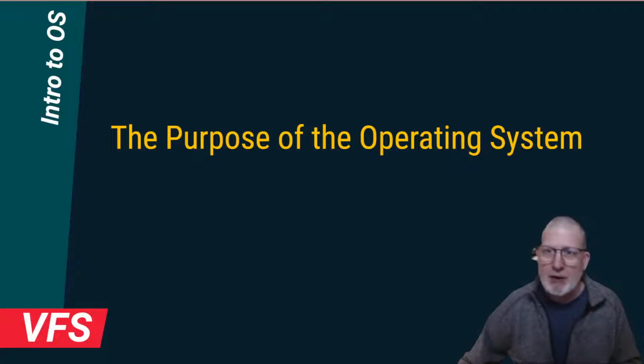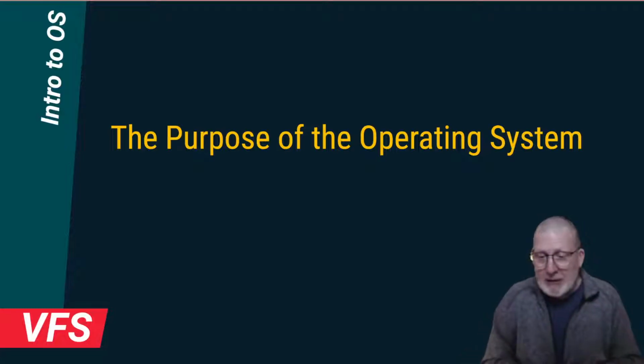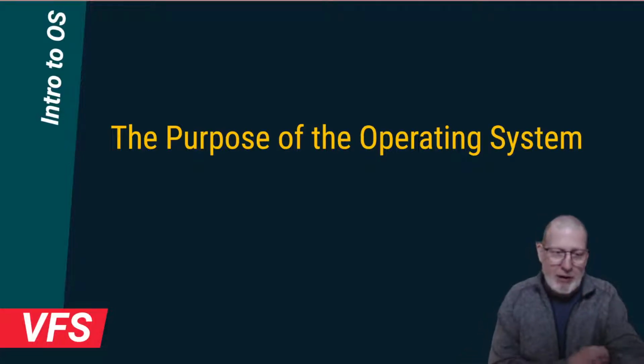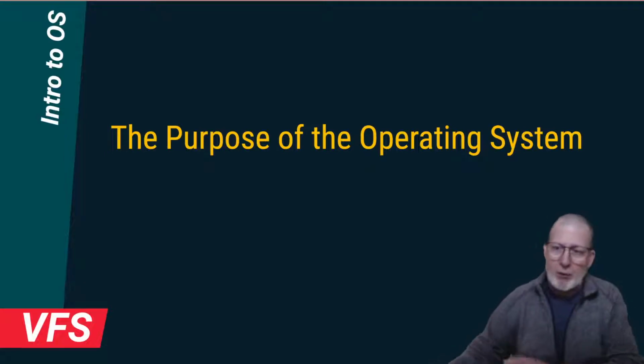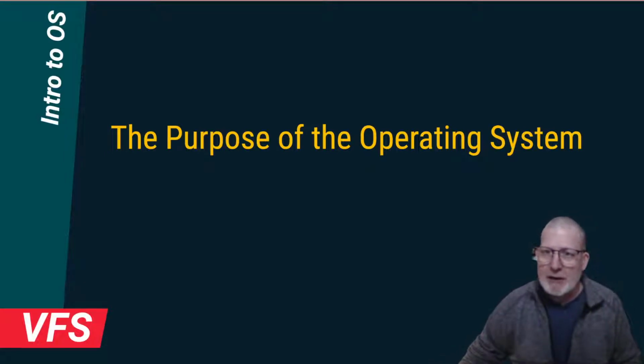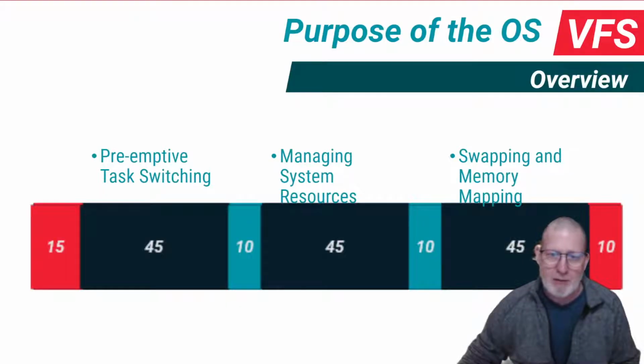And the main application that you're running really is your operating system. And in our case, that's typically Windows. So with Windows, what exactly are we getting our operating system to do for us? And that's what we're going to dive into a little bit today. What's the main purpose of that operating system?